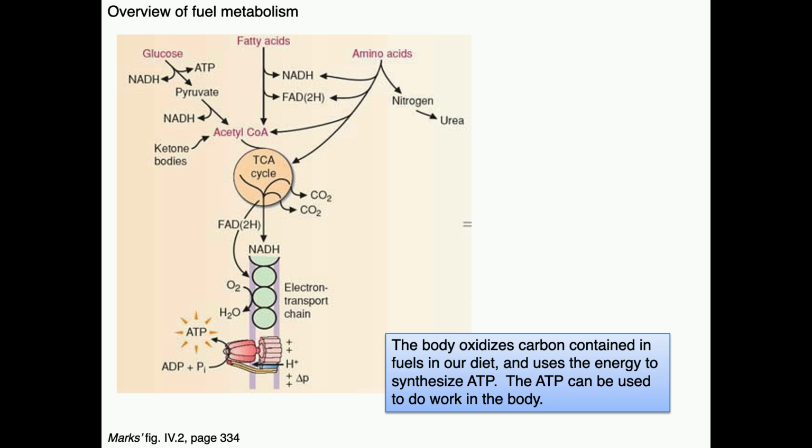The potential energy of these carbon-oxygen bonds is less than that of the carbon-carbon bonds in the carbohydrate substrate. So that energy drives the reaction, and within our body we're able to capture some of that energy to do useful things.